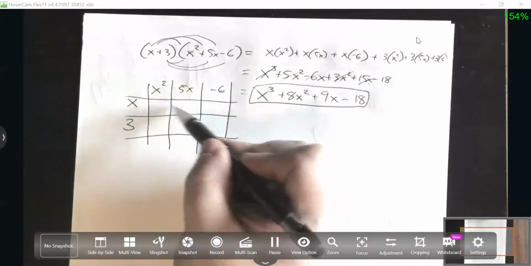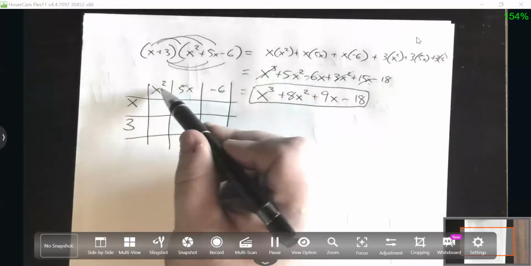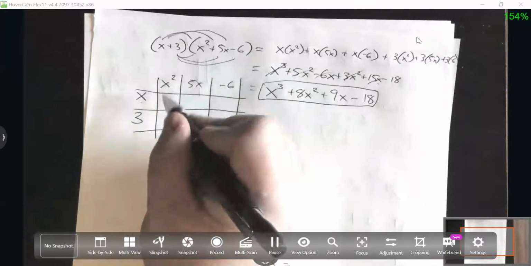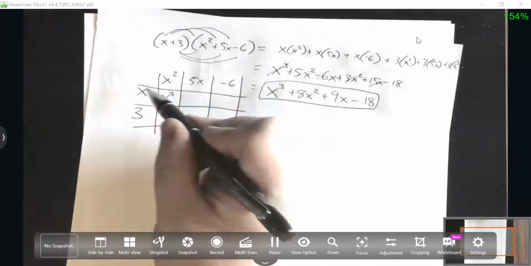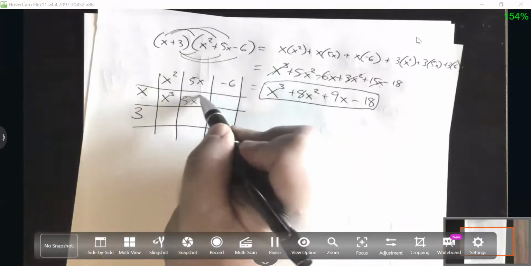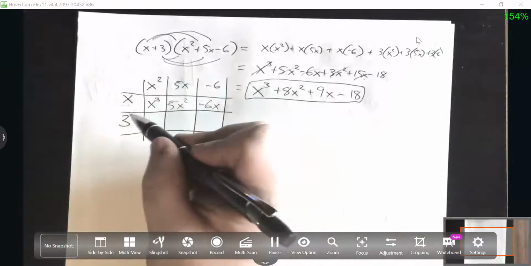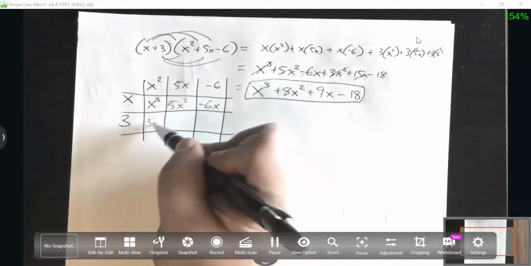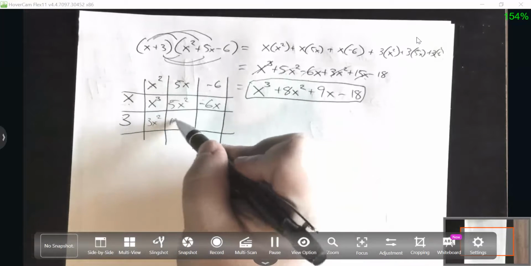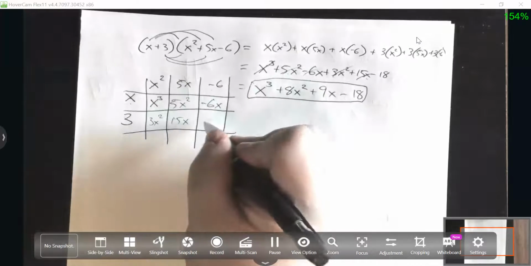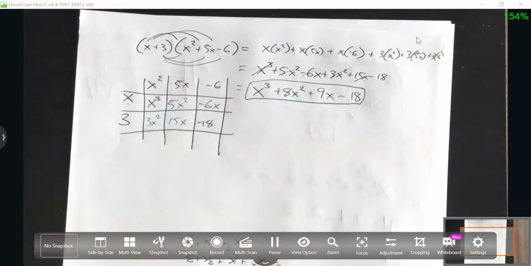On the inside here, all I'm going to do is multiply the matching terms. So x times x squared is x cubed, x times 5x is 5x squared, x times -6 is -6x. 3 times x squared is 3x squared, 3 times 5x is 15x, 3 times -6 is -18.